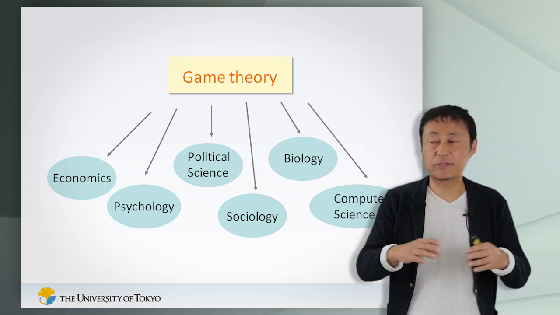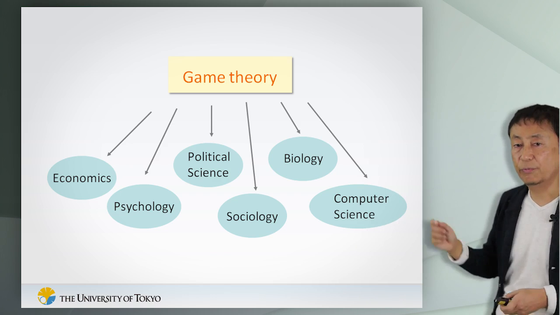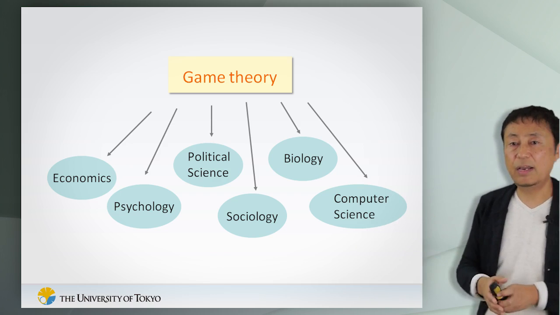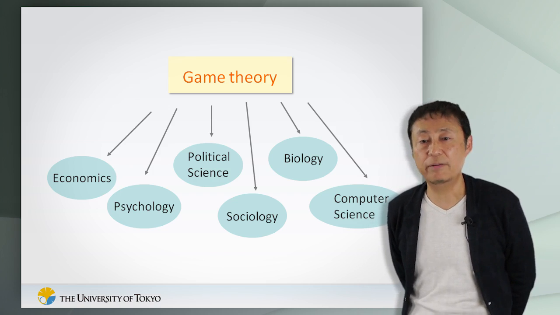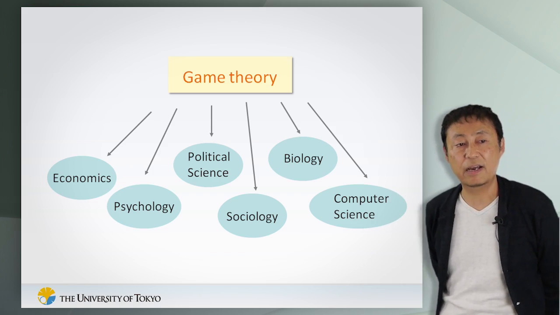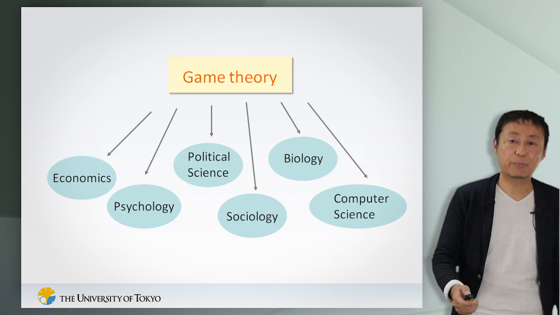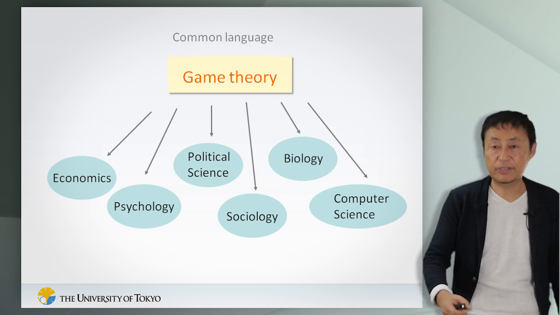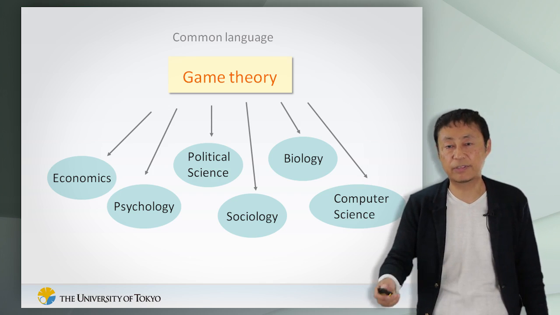This is also a strategic situation, and game theory can be fruitfully applied to computer science. Well, I am an economist, and I do research in economic theory, but I have been collaborating with sociologists and computer scientists, and I have been interacting with biologists. Game theory provides a common language which facilitates interdisciplinary research in all those different fields.